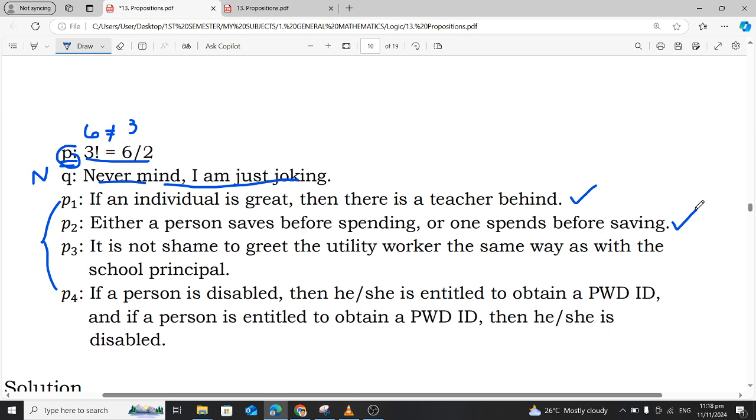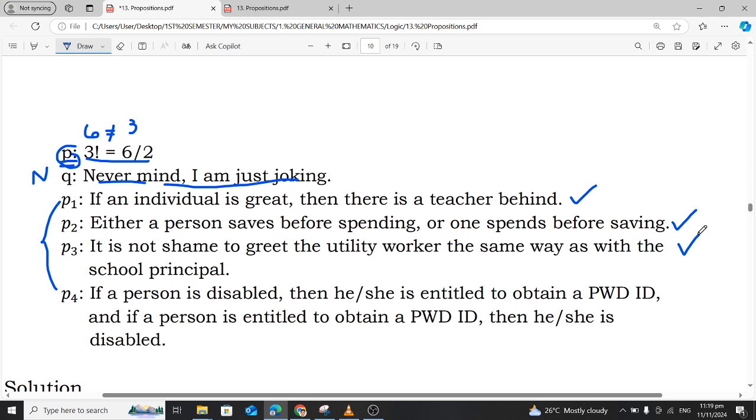It is not shameful to greet the utility worker the same way as with the school principal. We should not be ashamed to greet the utility worker like how you greet the school principal. So what is the truth value? True also. No, it is not shameful to greet the utility worker the same way as with the school principal.